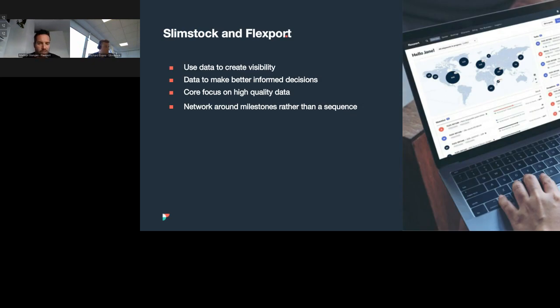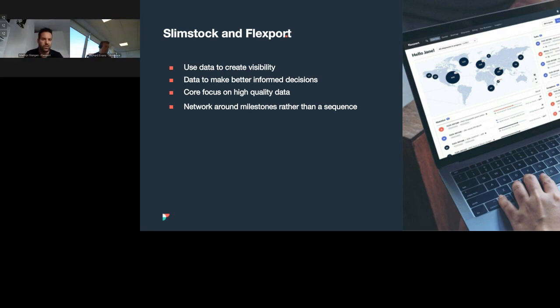What I know about your organization and have a look at what's on this screen, I hope you agree with me, but also how you just described it, I see a lot of commonalities between both companies. On the one hand, I'm seeing that both companies are using data to create that visibility, but not only to create that visibility, but also to make better informed decisions.